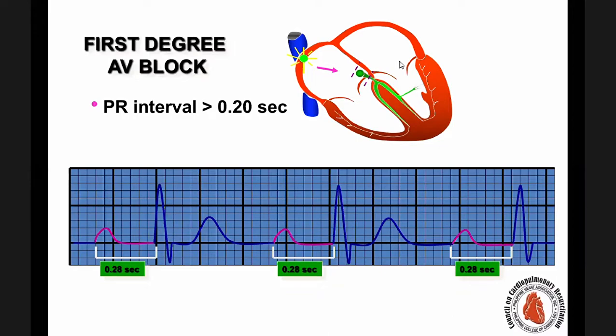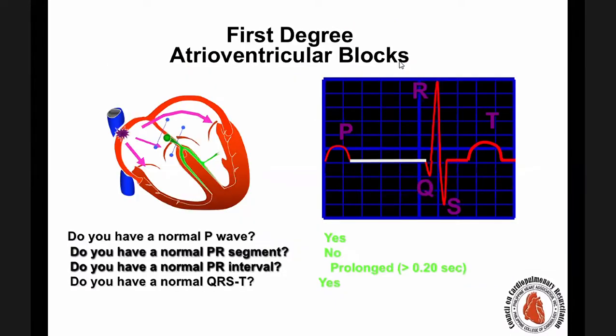Now, in first degree AV block, the conduction in the AV node is just delayed, but the electrical impulse is able to pass through or conduct to the ventricles. Okay? So it's a normal looking regular PQRST, but sometimes it's bradycardic. It will produce bradycardia, but sometimes no, 60 to 100 beats per minute.